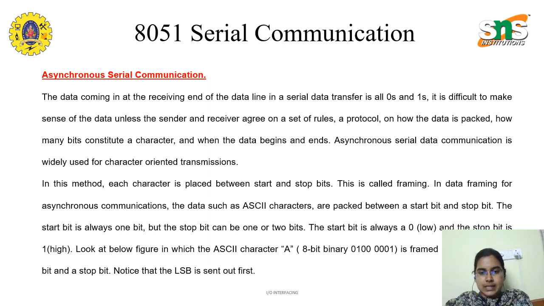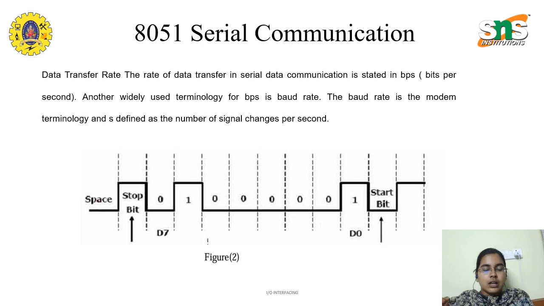Look at the example below, and we can have a glance at it. Here we have the start bit and we have the stop bit. Start bit should be at 0, and after the 0, whatever bits continue will be taken as the character. And the stop bit is 1, or twice.